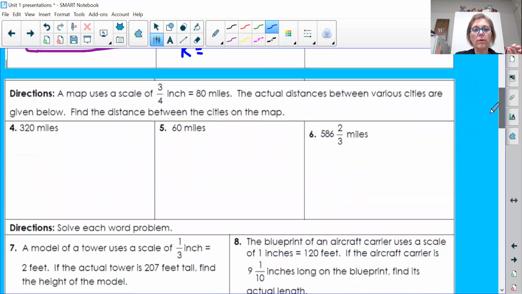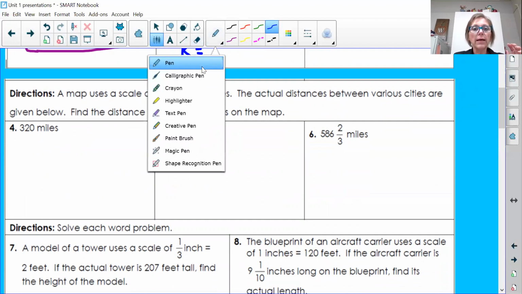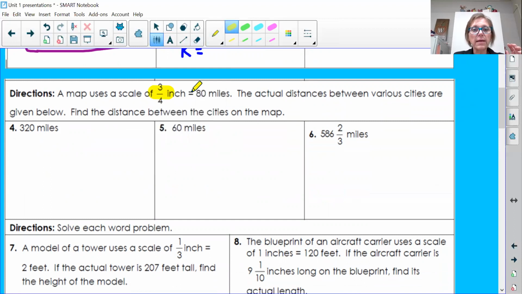Okay, now look at this. We have another fraction. So what I'm going to do is, now this is the, let me highlight. This is the scale. Okay, we have a fraction in the scale.